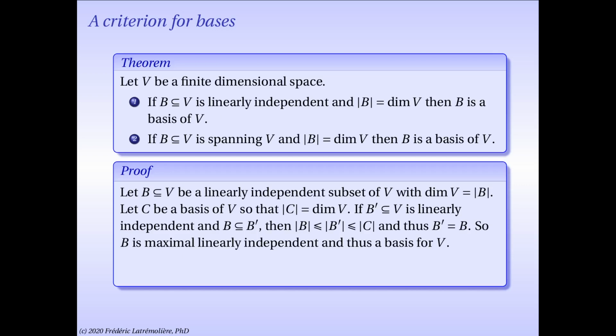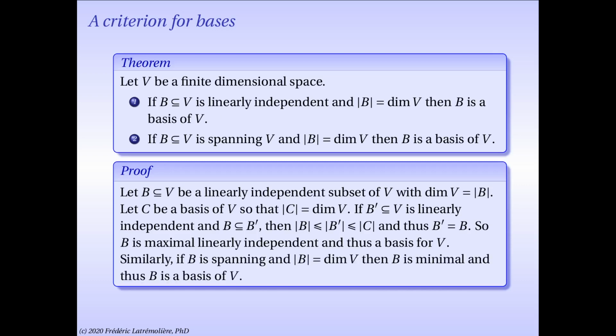But on the other hand, the cardinality of B prime cannot be any more than the cardinality of C because B prime is linearly independent while C is spanning. That's again from our main theorem. And thus B prime must be equal to B because B prime and B, as you can see, have the same cardinality. Indeed, the cardinality of B is the dimension of the space, and so is the cardinality of C. So B is indeed maximal linearly independent, and so it's a basis.